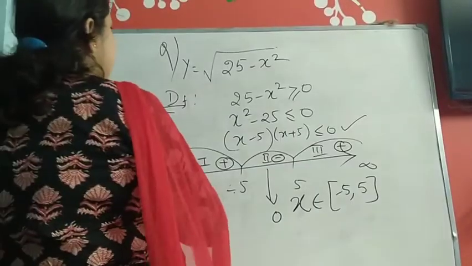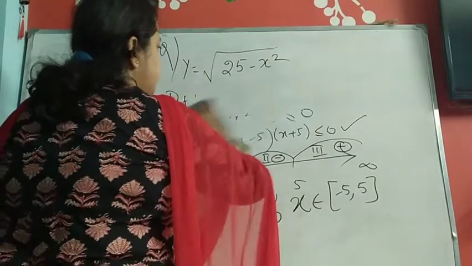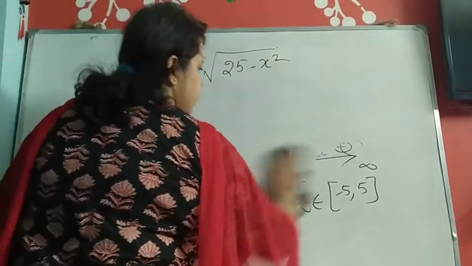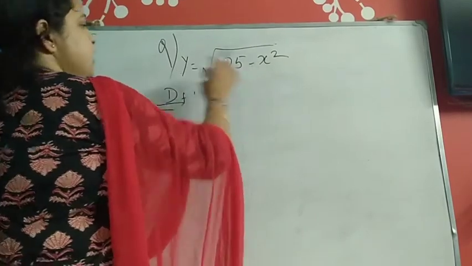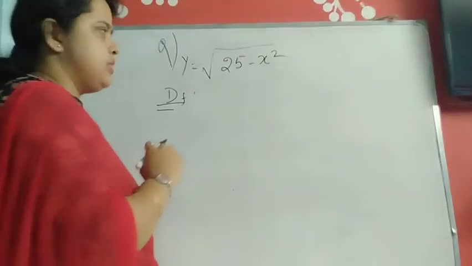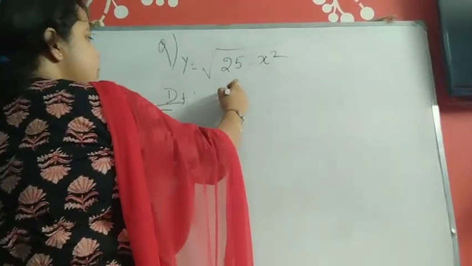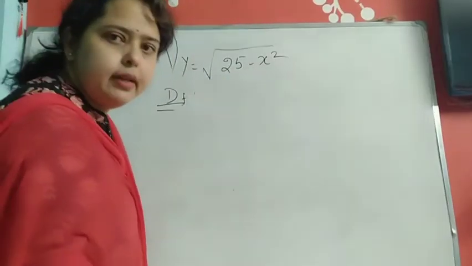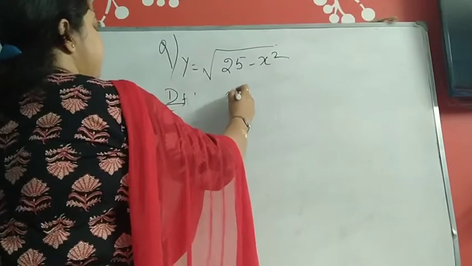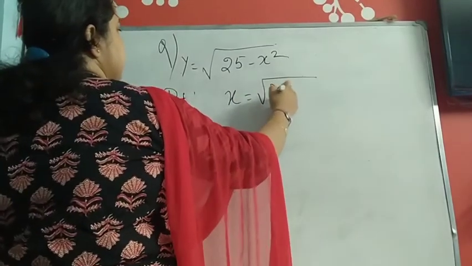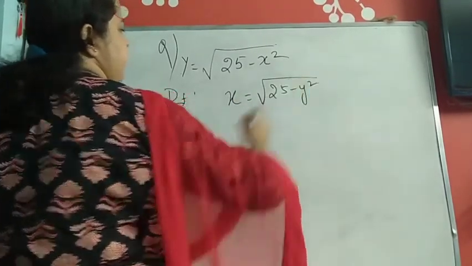But whenever we are going to find out the range of this particular function, remember children, y is root over 25 minus x square. Whenever we are dealing with the second part, that is the codomain and range, we must put x in terms of y. This is a special relation.